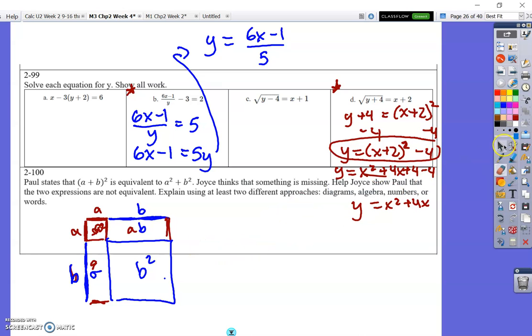Using the same idea and the same lengths for a and b, if I did a squared plus b squared, I'm going to do this one a little different looking.